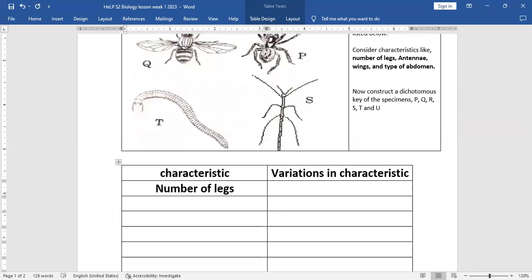Do all the specimens have the same number of legs? Not really. So what is the difference? Okay, when I ask for variations, what are the different ways in which the number of legs are coming? Do some have one? Are some lacking legs? Do some have 20? What is the variation?